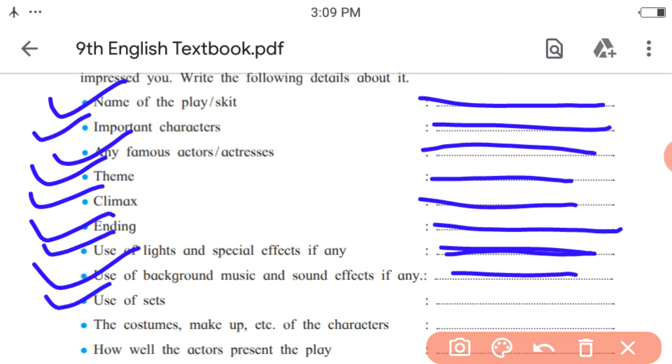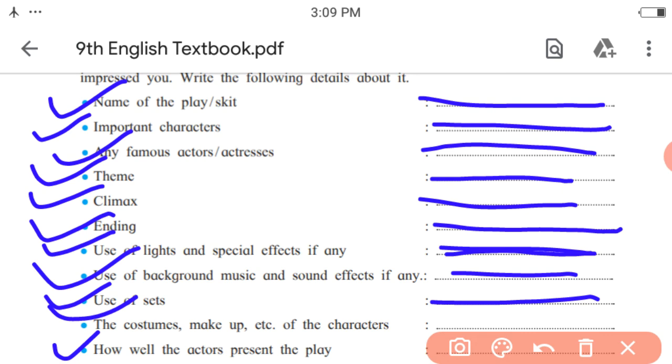Use of sets. What set is used? What type of arrangement on the stage was put up? That you have to write. Next, the costumes, makeup, etc. of the characters. What type of costume they wore? It may be traditional, it may be fancy, modern, right?